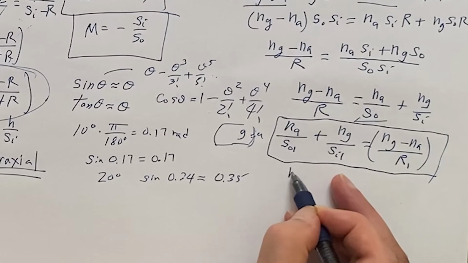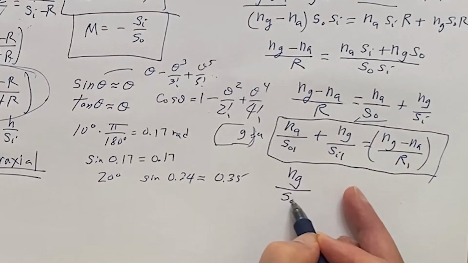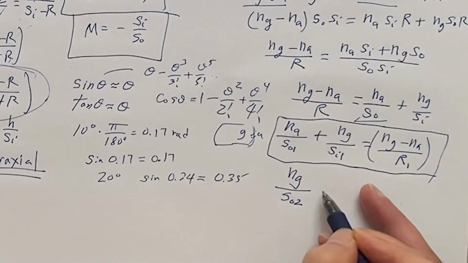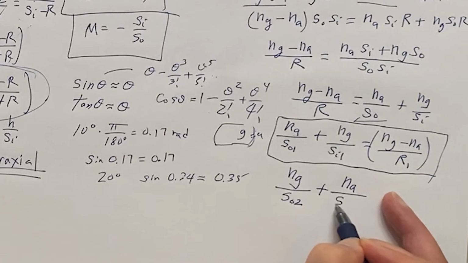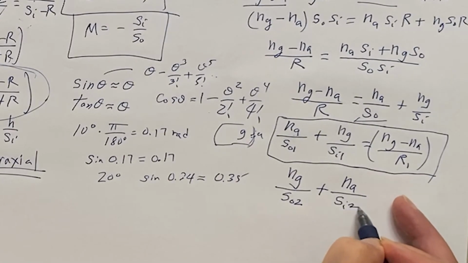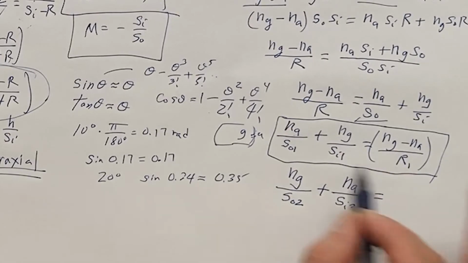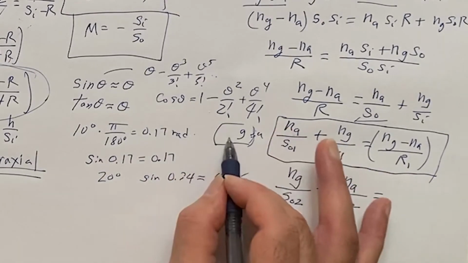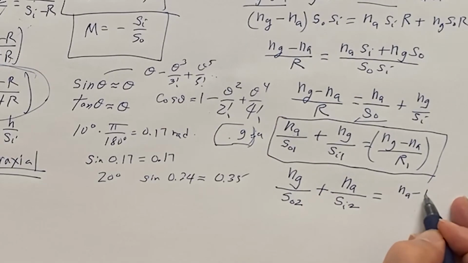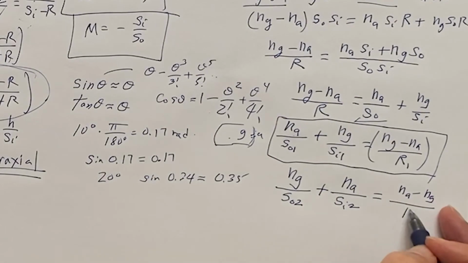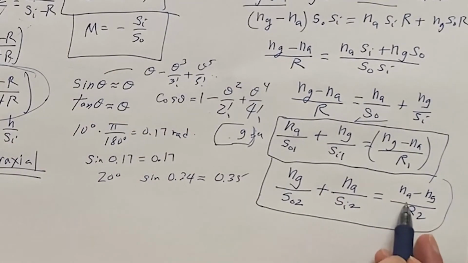So I'm going to have here glass first, and there's going to be some object distance for the second surface, plus then I'm going to go to air, and that's going to be some image distance for the second surface. And then here I'm switching the order. Instead of going air to glass, I'm going glass to air, so I have to switch these around. Na minus Ng, and I have the second radius. So I have this result.